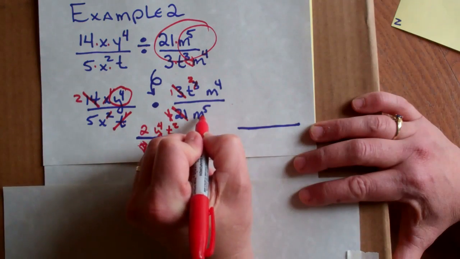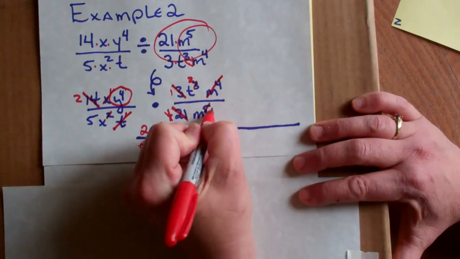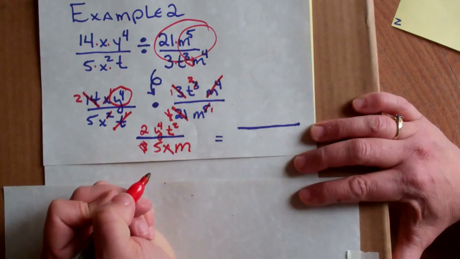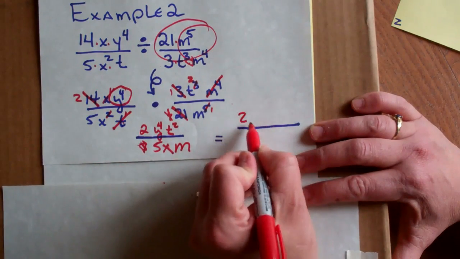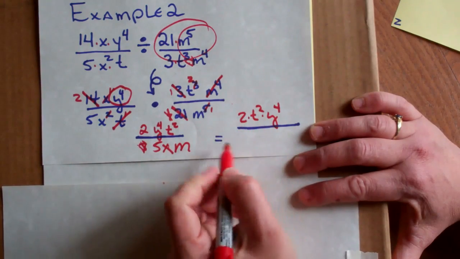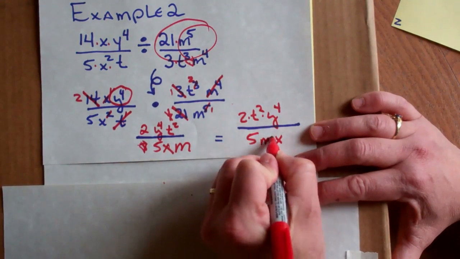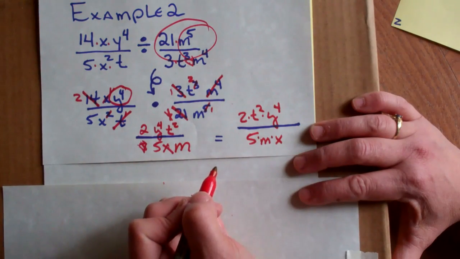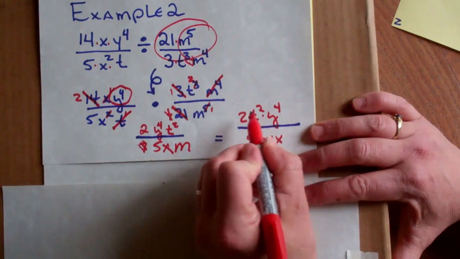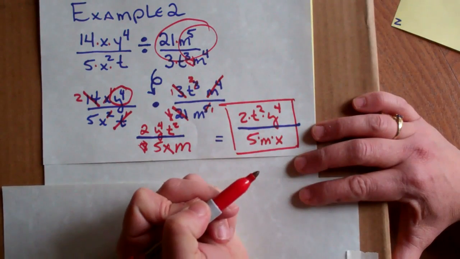All that's left is m to the 5th and m to the 4th. 4 of these m's over 4 of these m's will leave 1 m downstairs. So what we end up with is 2t squared y to the 4th divided by 5mx. We like to write in alphabetical order, but it doesn't matter. We have a simplified rational expression. It's good to take a second look and make sure you didn't miss anything.